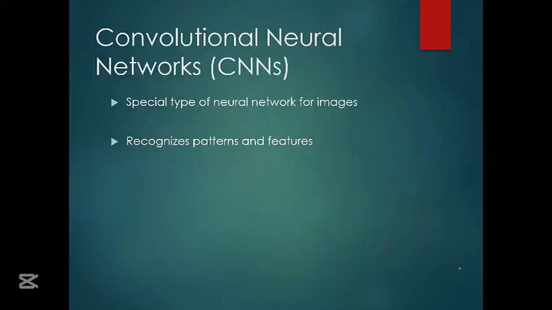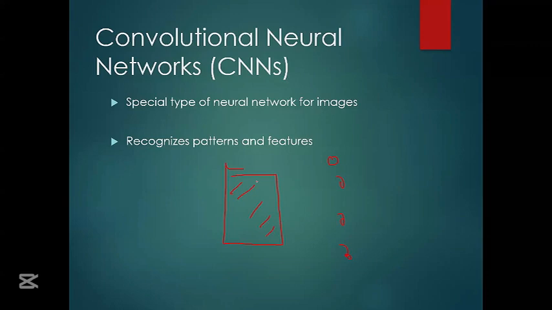So the idea is that they tried to add a special mechanism or special mathematical calculation using some patterns to reduce the pixels. Previously, what we talked about is the input should be the number of pixels in the image, right?